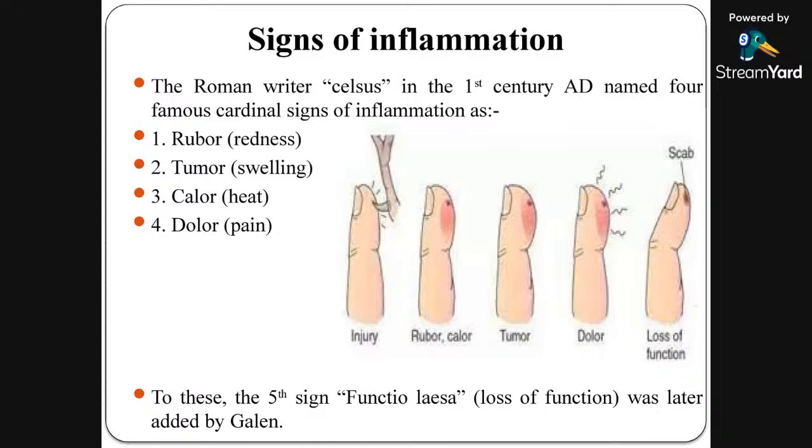These are rubor, redness; tumor, swelling; calor, heat; dolor, pain. To these, a fifth sign, functio laesa, loss of function, was later added by Galen, a pupil of Hippocrates. This is the image showing different signs of inflammation.